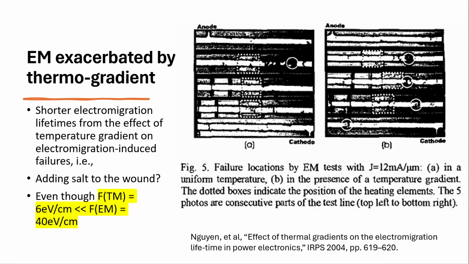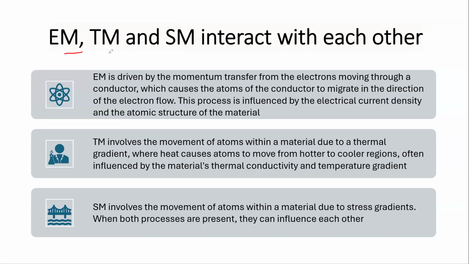So what do I mean by that? I mean that electromigration, thermal gradient migration, and stress migration interact with each other. Electromigration is driven by the momentum transfer from the electrons.